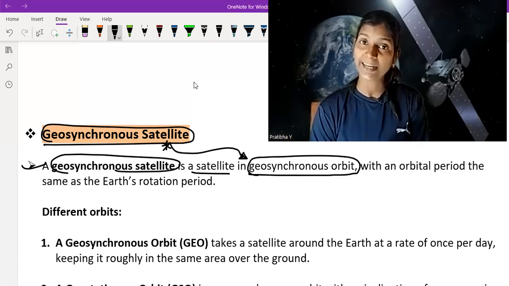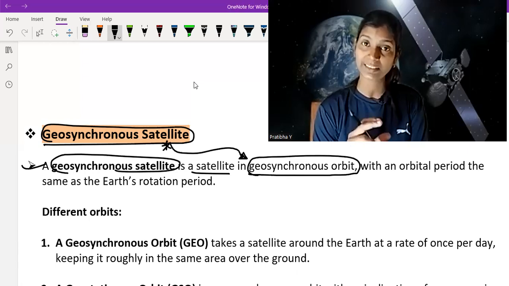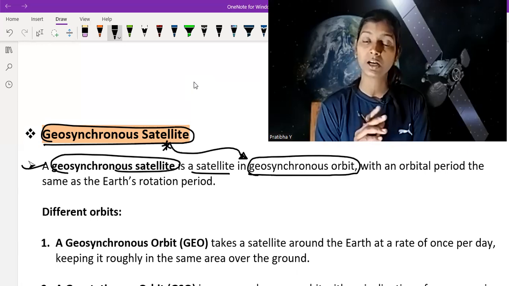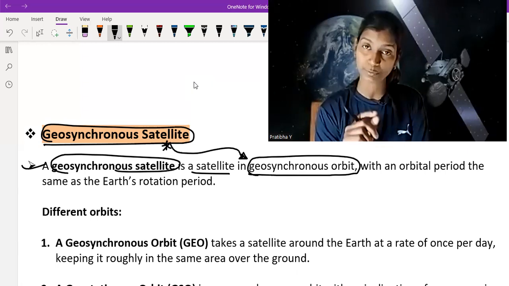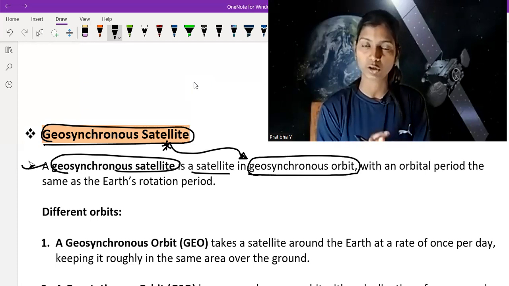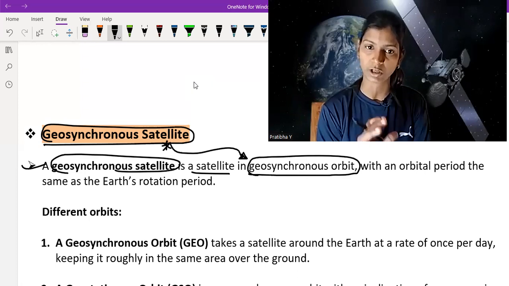That means if we put any satellite in that orbit, that satellite completes one rotation in approximately 24 hours. That means in sync with the Earth, because we know that Earth rotates on its axis in 24 hours. So the satellite placed in geosynchronous orbit also takes a time of 1 day, or approximately 24 hours.